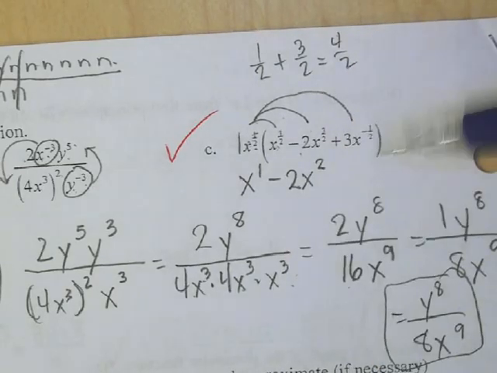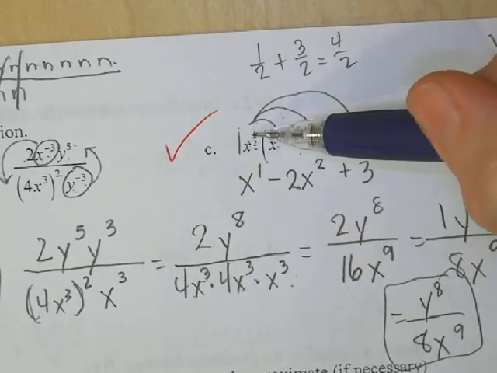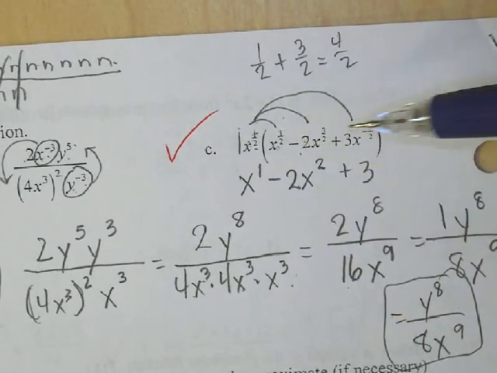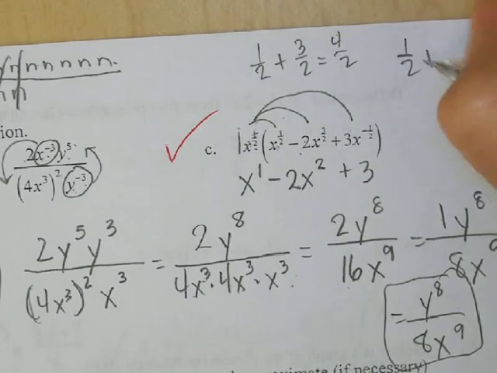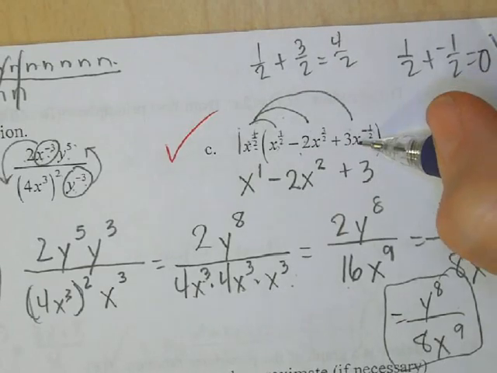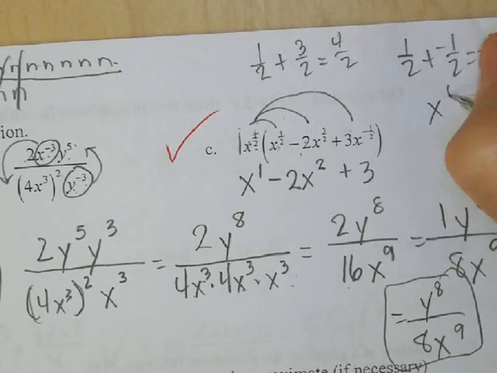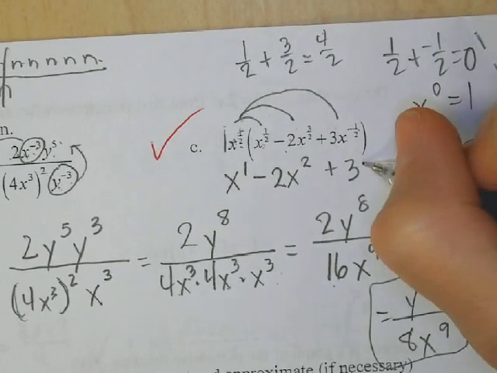And then 1 times 3 is 3, and now I have to add my exponents. 1/2 plus -1/2. Oh, that's just 0. So x to the 0, what is x to the 0? Anything to the 0 is a 1. So that's times 1, which is just 3.